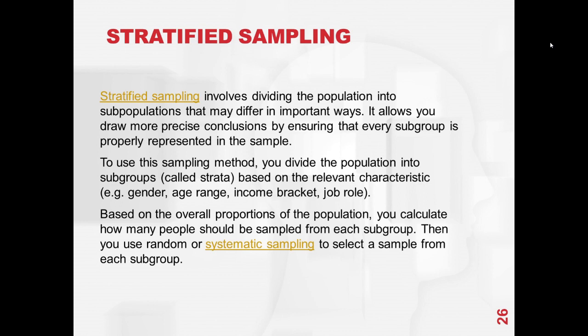Based on the overall proportions of the population, you calculate how many people should be sampled from each group. Then, you use random or systematic sampling to select a sample from each subgroup.